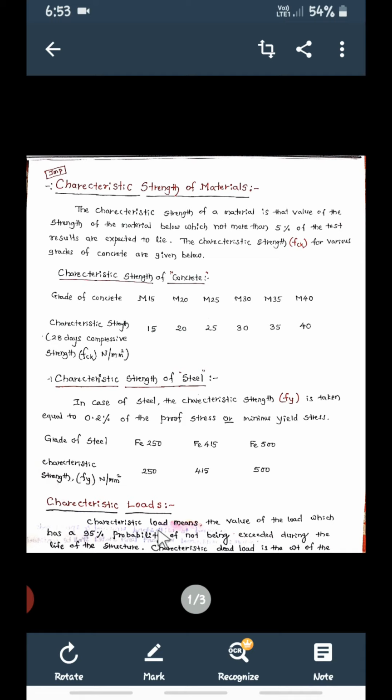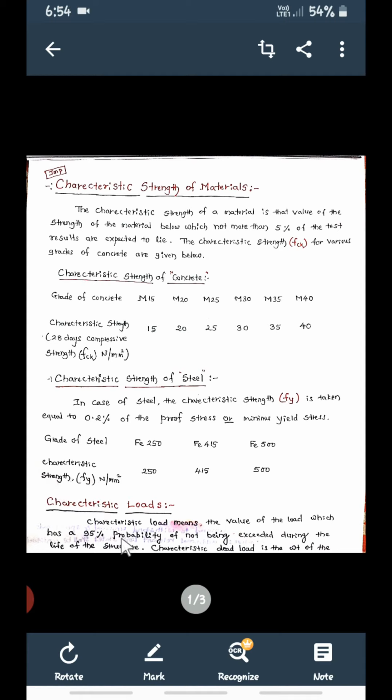Suppose in the design we normally consider the life of the structure to be around 120 years, 150 years, meaning we design the structure for 150 years. During this 150-year span, there is a 95% chance the load will not increase. Such a load is considered as characteristic load.